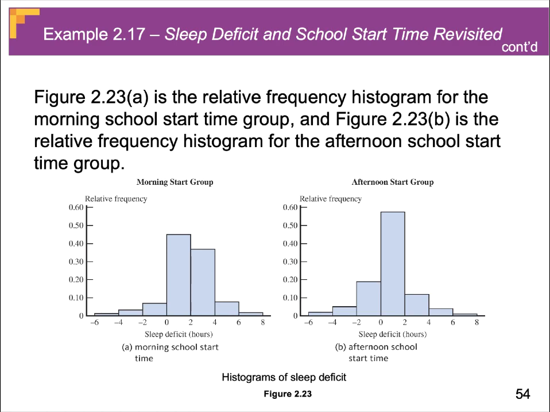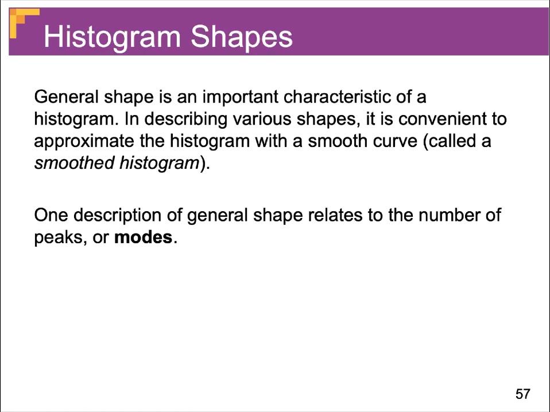So what are some of these shapes that we need to talk about with histograms? Well, one of the most recognizable things of a histogram is how many peaks it has. So these peaks would be considered the mode. So if you remember from maybe elementary school or middle school, the mode was the value that occurred the most frequently in a data set.